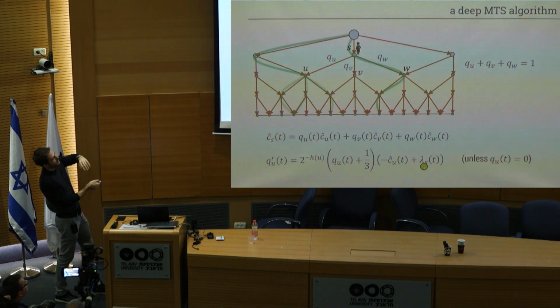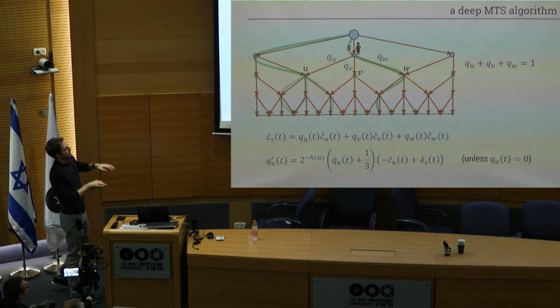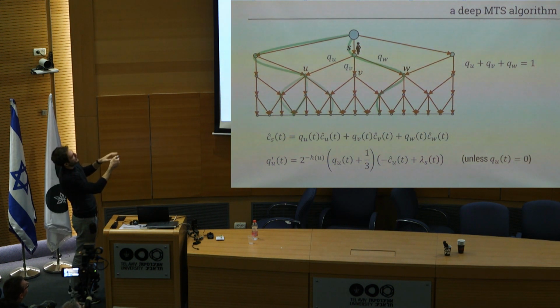And then this lambda variable here is just there to enforce this constraint; you give it whatever value satisfies it. Each of these vertices reports that there's some cost beneath them, which lowers these Q values, but then the constraint has to be satisfied. So whatever lambda value satisfies this constraint, that's what this is.